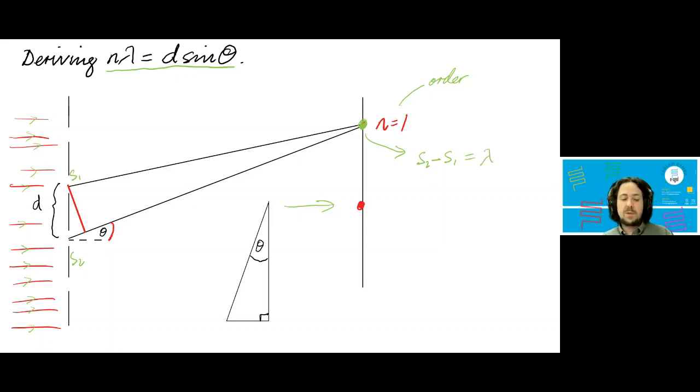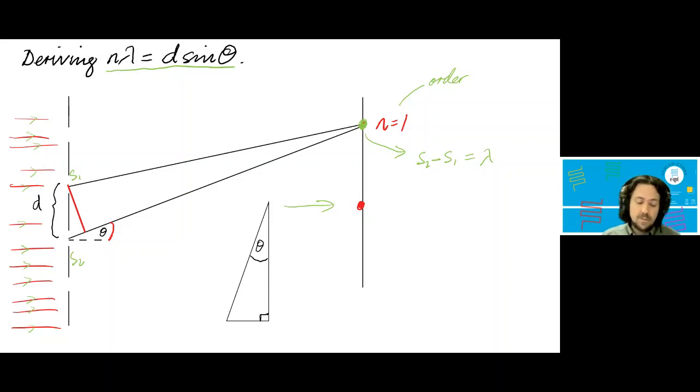Now, the reason why that must be true is that the light from S2 must travel a whole number of wavelengths further than the light from S1 in order for those to arrive in phase at that point on the screen.